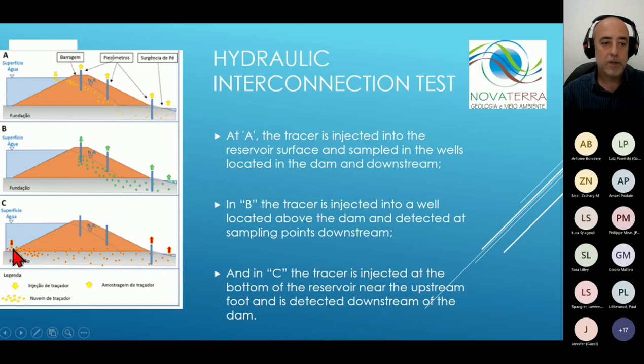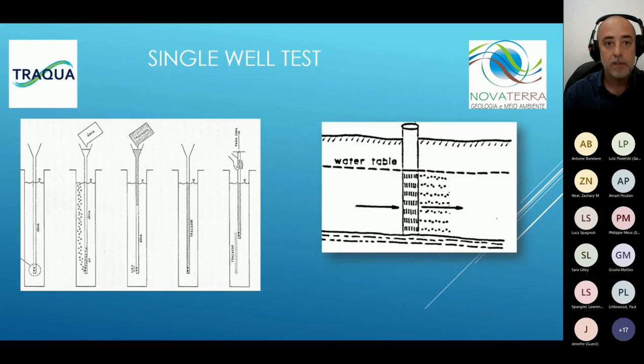We inject this tracer to analyze the water flow in the foundation of this dam, and detect it in the wells in the foundation and in the bottom drain. Okay, three kinds of hydraulic interconnection tests.